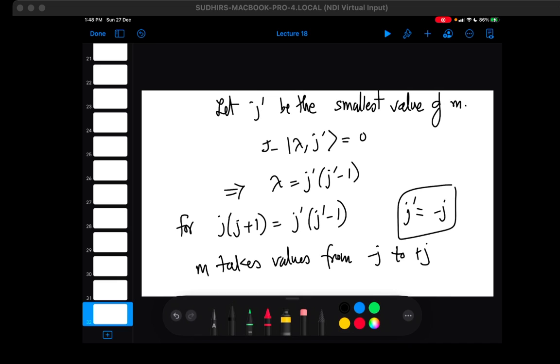Now you can also determine what the c values are.